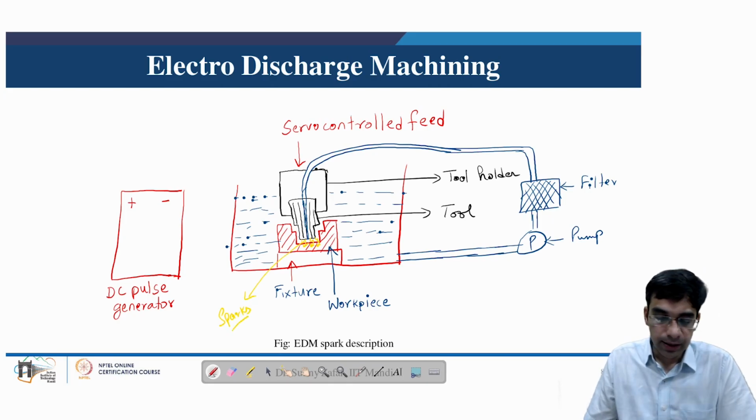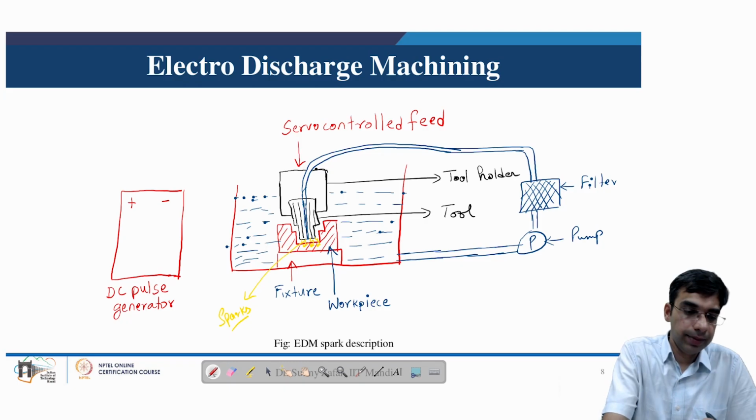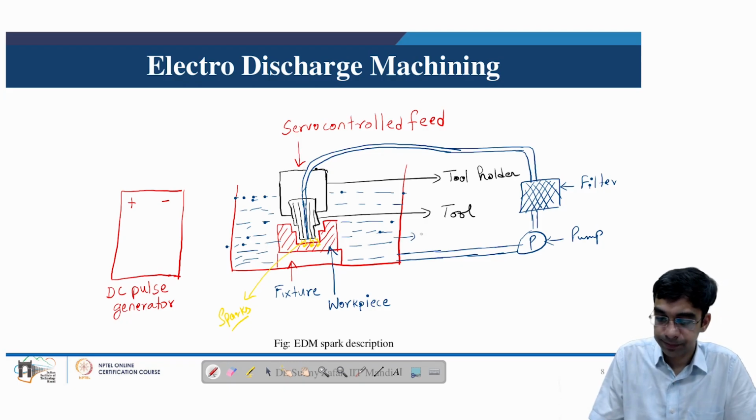So these sparks, they will erode material and material will be melted. Some material will be evaporated. That is how material will be removed in electric discharge machining. And the molten material will be suddenly quenched and solidified, because of which machining debris will be produced. And this debris is subsequently separated from the dielectric fluid which is present in this tank.